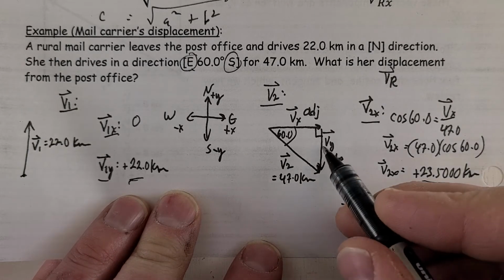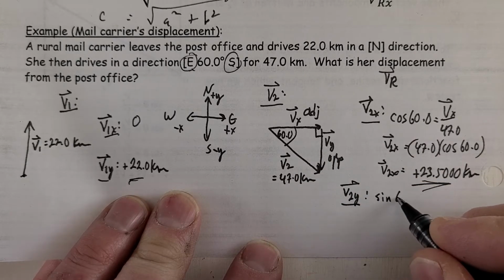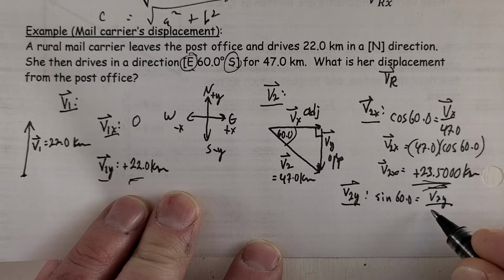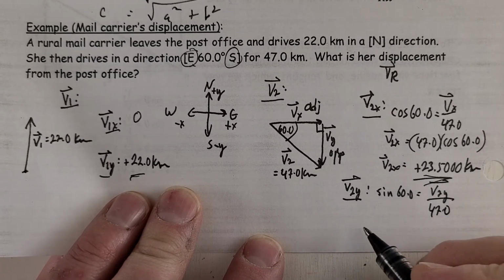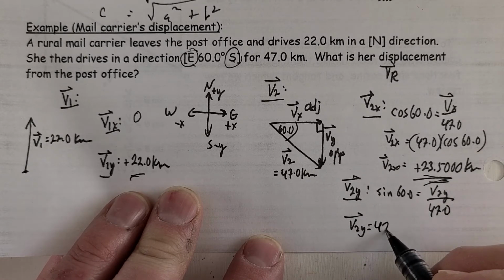V2y, so of course it's the opposite side. So I'm going to be using sine of 60 equals V2y over the hypotenuse. So in this case, V2y is equal to, so multiply each side by 47.